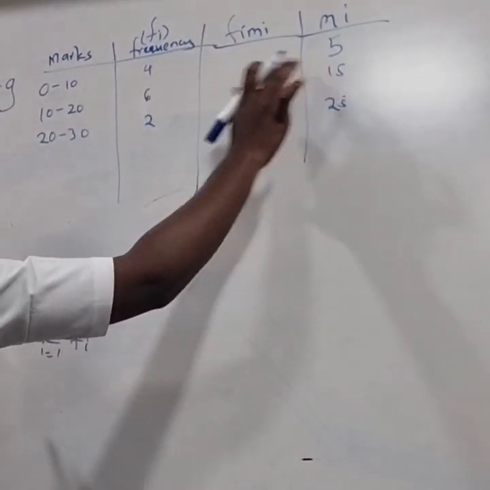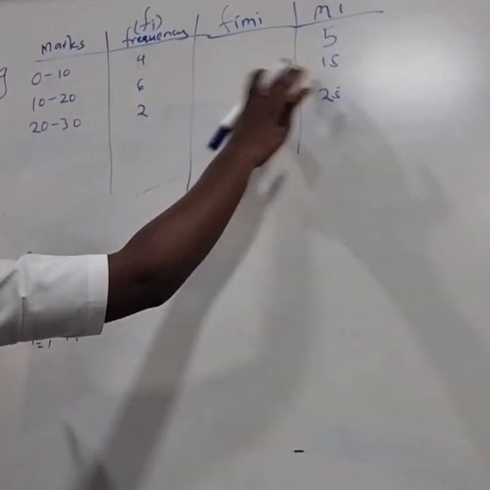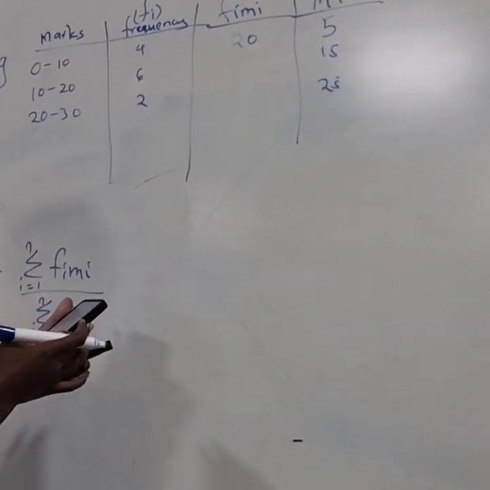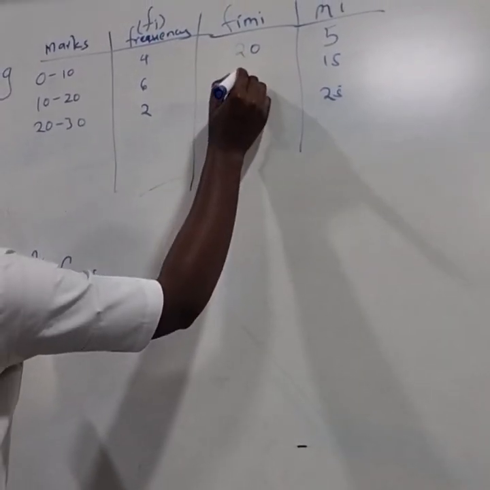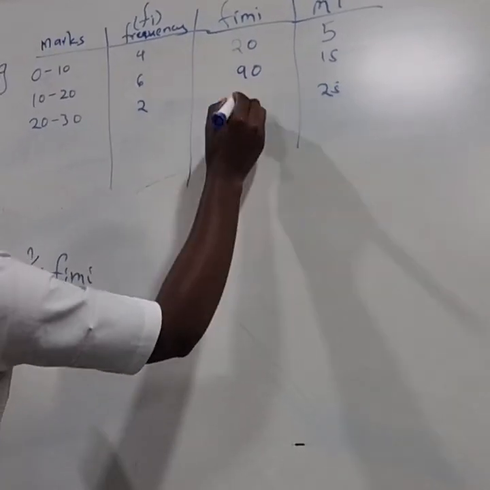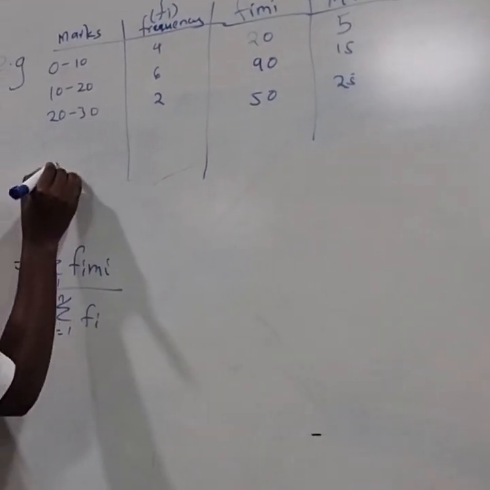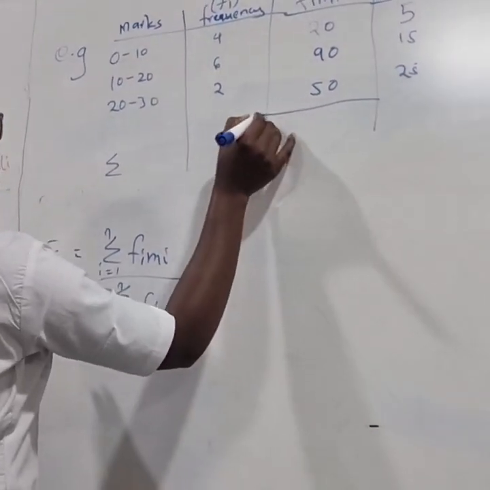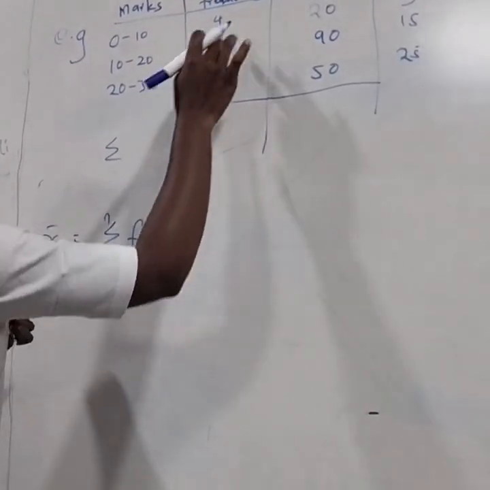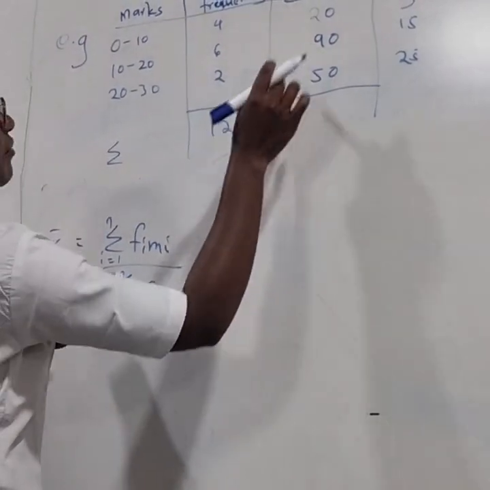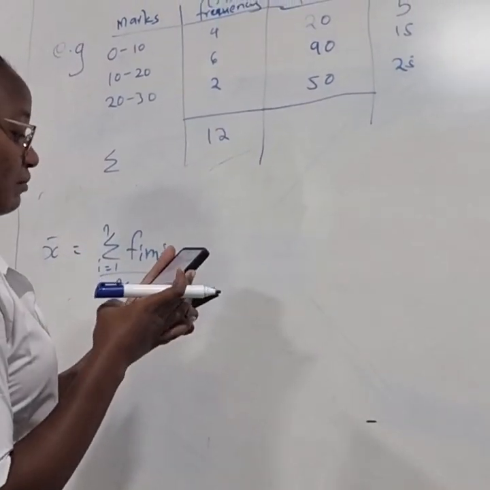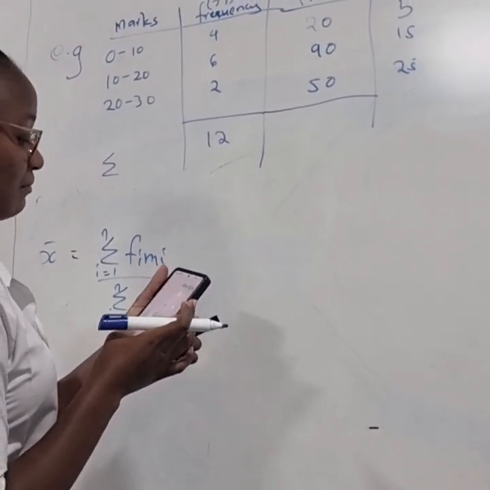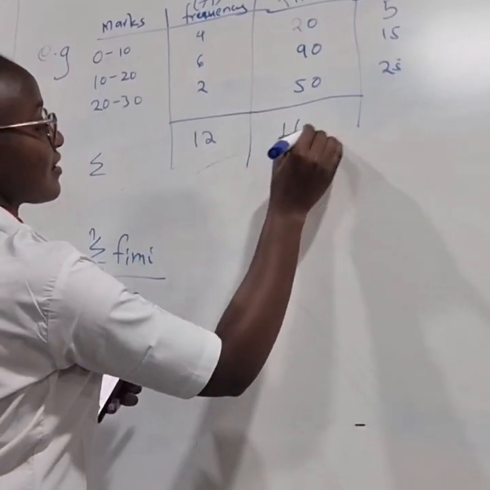So fi mi is the multiplication of these. This will be 20. This will be 90. And 2 by 25 gives you 50. Then you have to calculate the summation of fi and the summation of fi mi. This gives you 12 as the sum, and the other sum is 90 plus 20 plus 50, 160, right?